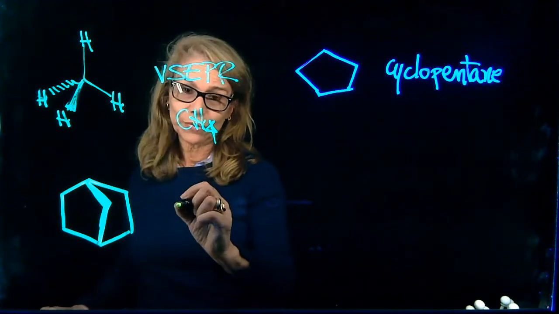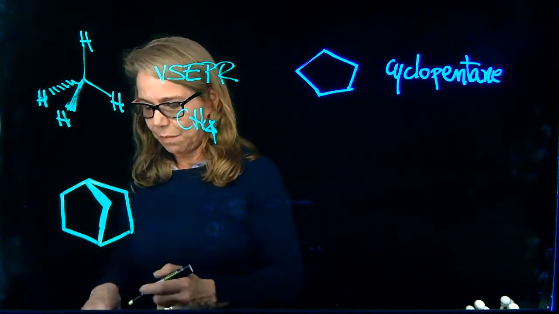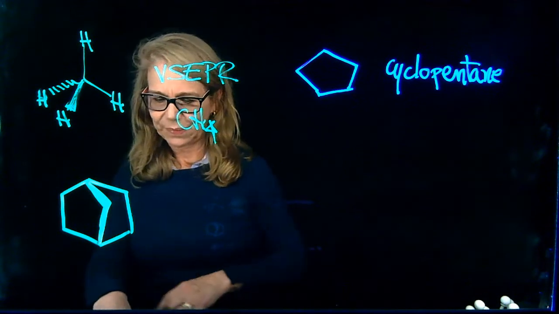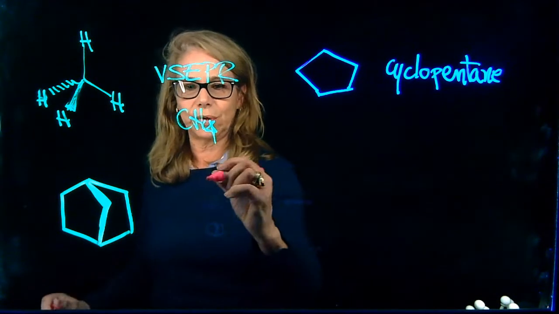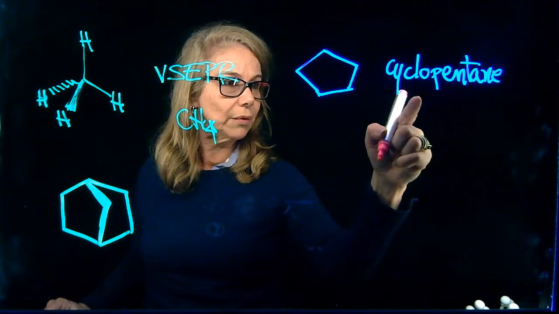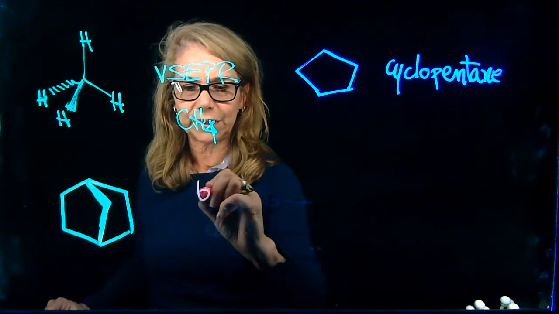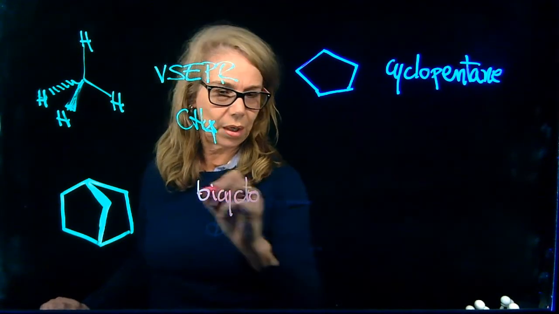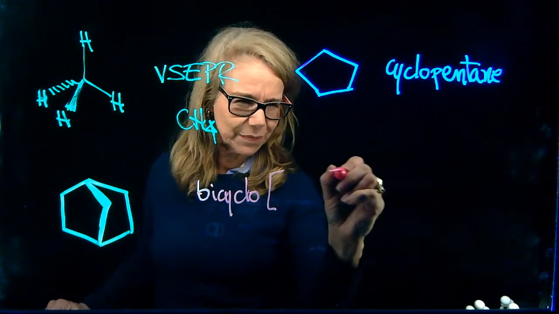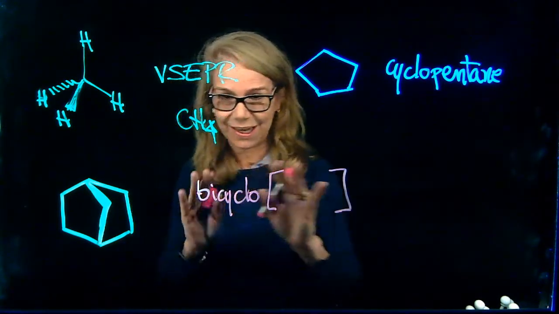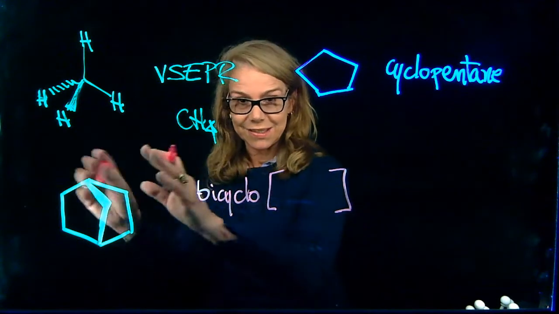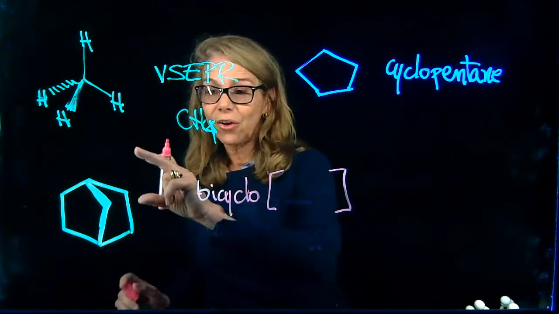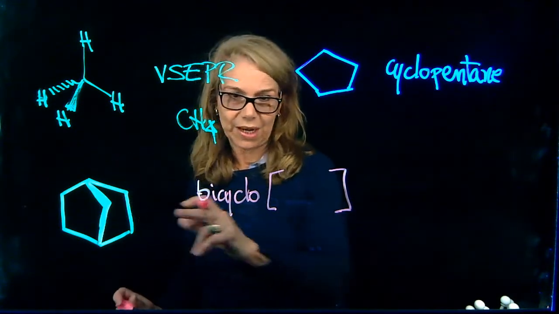Now this type of structure is called a bicyclic. So when we're naming it, we're going to say first a word like we added here, but this time bicyclo. And then we're going to put something in the brackets. We're going to say in a minute what that is. This is to say how this system is connected.